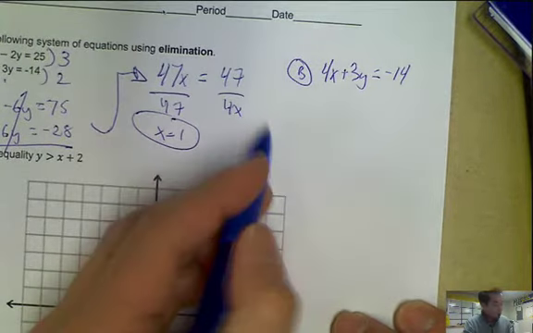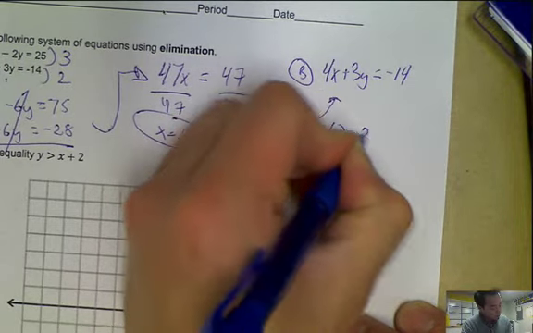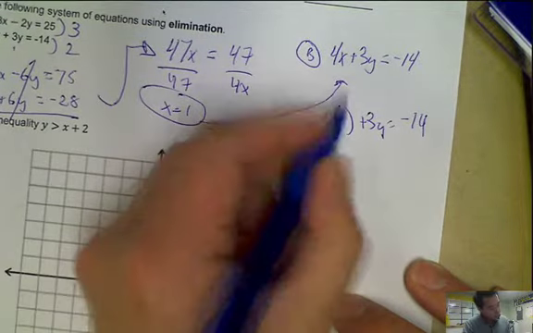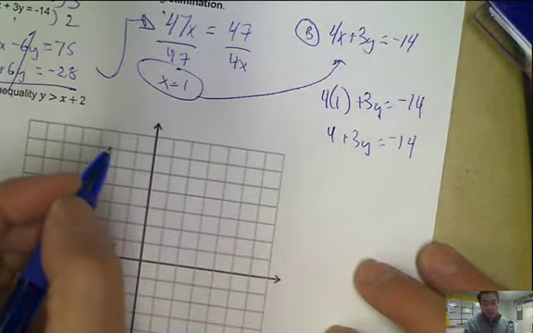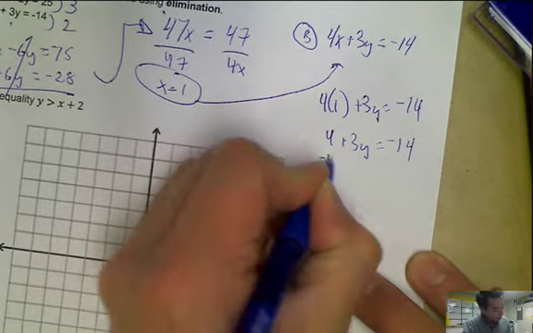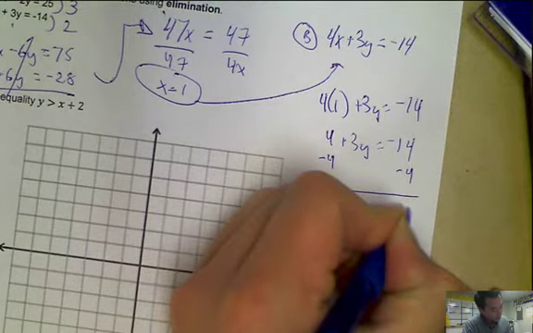I know that x is 1, so I'm going to put it right there. 4 times 1 plus 3y is equal to negative 14. 4 times 1 is 4 plus 3y is equal to negative 14. Again, I'm just solving for y, so here we have minus 4, minus 4. I get 3y is equal to negative 18.